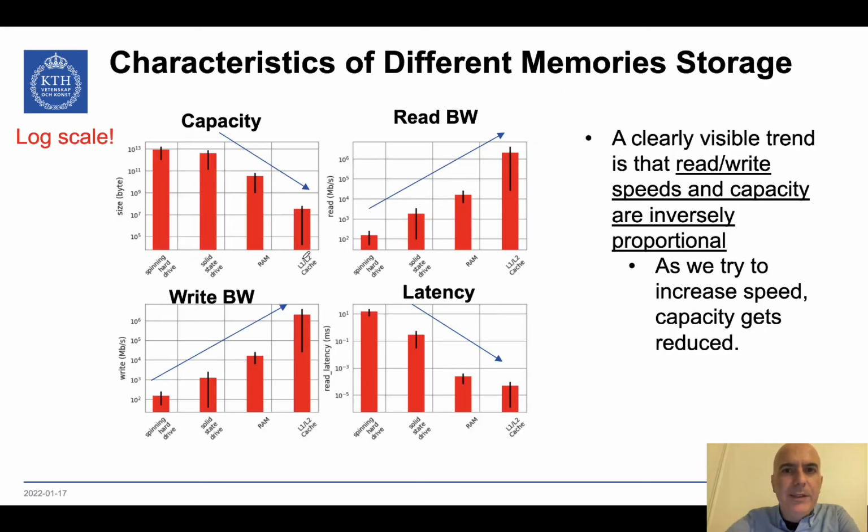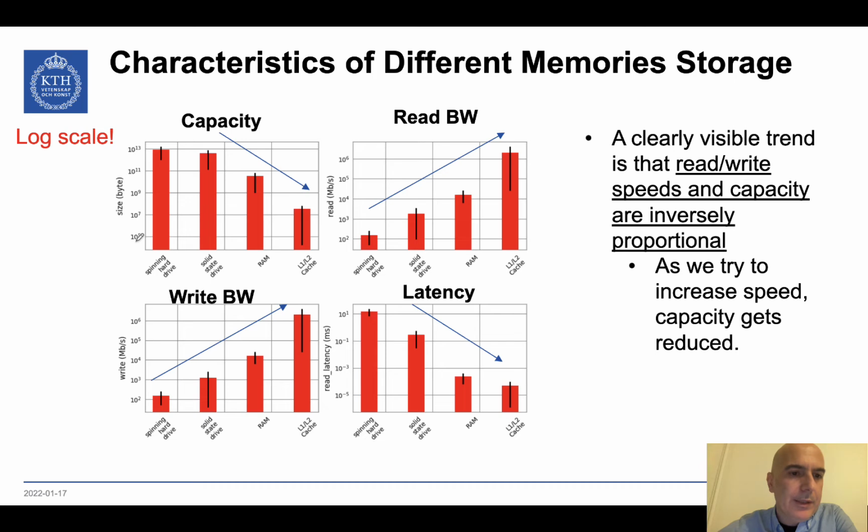So let's look at the performance. Here I have four plots. On the x-axis, we have different technologies: hard disk, SSD, main memory, and caches. On the y-axis, we have different performance characterization numbers.